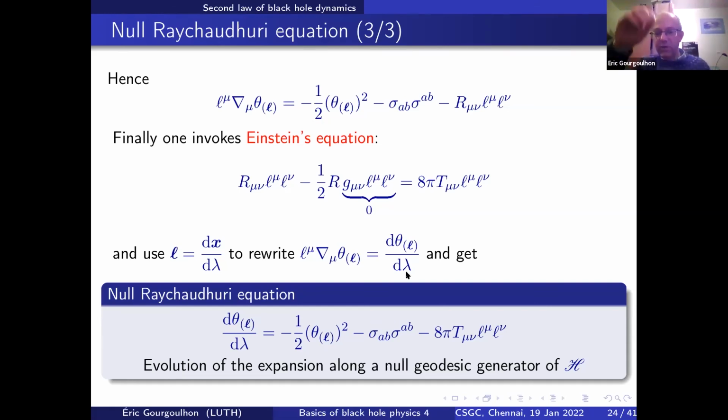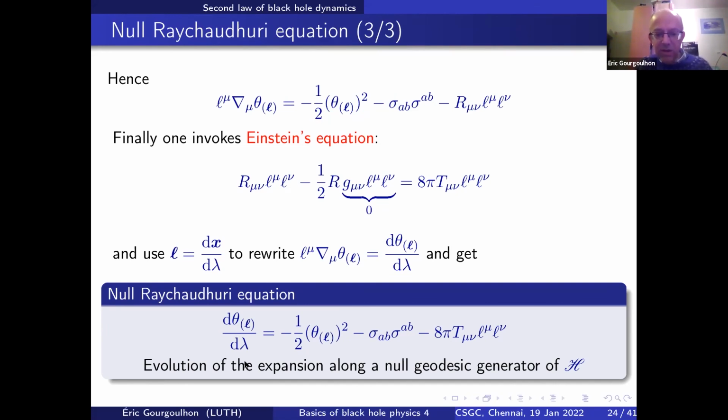If we consider this variation along the null generator, this is nothing but the derivative with respect to the affine parameter. And so this is the final form of the null Raychaudhuri equation. It gives the variation towards the future because we assume the affine parameter is increasing to the future.